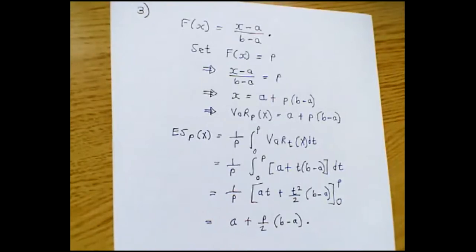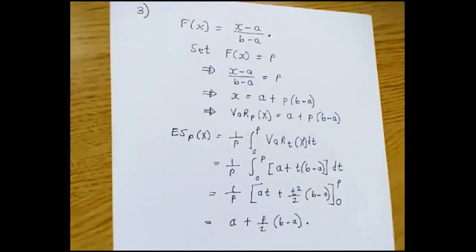So question 4 is asking you to find the VaR and ES when the CDF is 1 minus K divided by x to the power a. I know some of you may have already done it. I just want you to practice, guys.